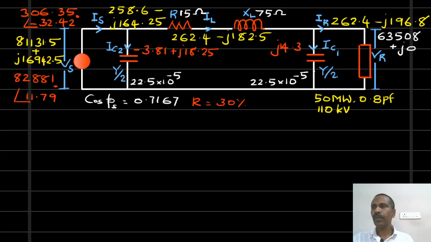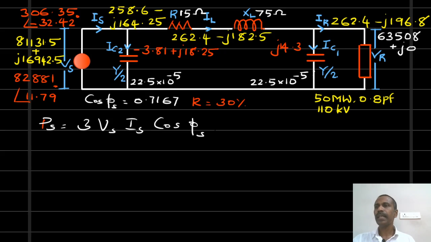Now we have to find out the transmission efficiency, which is equal to the receiving end power divided by the sending end power. The sending end power can be calculated as 3 into Vs Is cos phi s, 3 times the phase power.